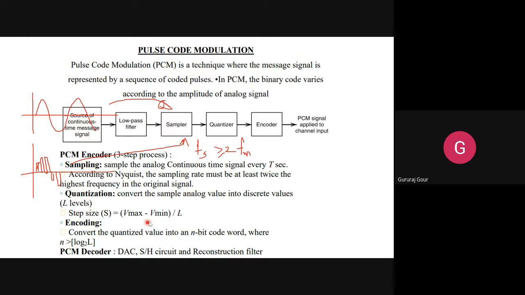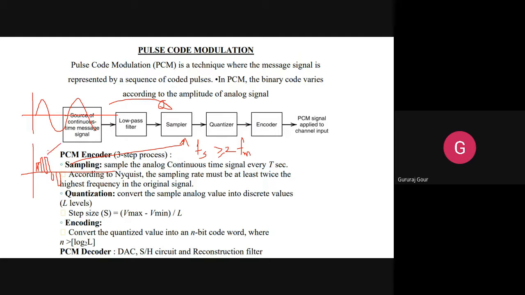For example, the step size is decided based on this equation: the difference between the maximum and minimum voltage divided by the number of levels we adopt. This is a little bit difficult to understand, so let me make it very clear: in quantization, we simply round off each discrete sample.